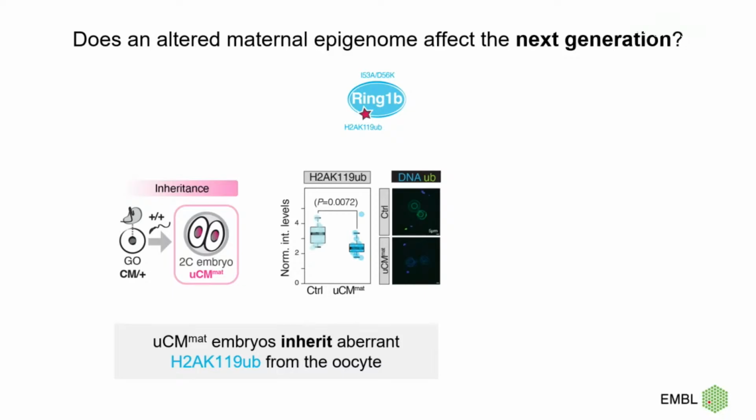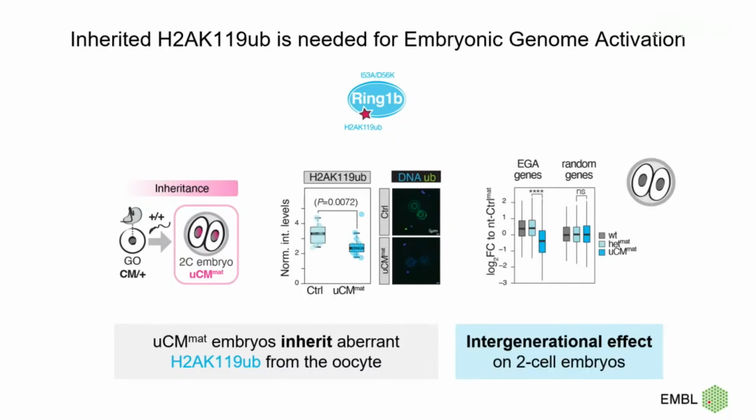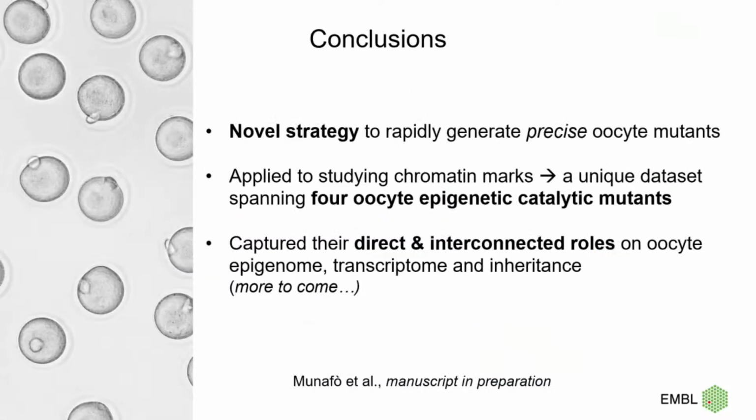And we were able to see that this results in an intergenerational effect on 2-cell embryos in which the key gene expression program, which is embryonic genome activation, fails to be activated when the maternal epigenetic landscape is perturbed.